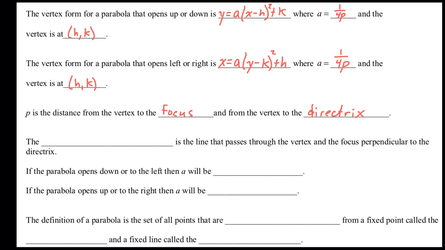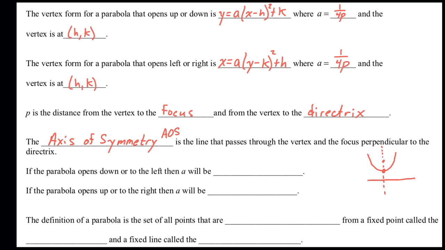The line that passes through the vertex and the focus and is perpendicular to the directrix is going to be called the axis of symmetry. And a lot of times I will abbreviate this as AOS. So if you have a parabola that looks like this, there's your vertex, there's your focus, and your directrix is right here. Your axis of symmetry is the vertical line that goes right there. It just splits your parabola in half.